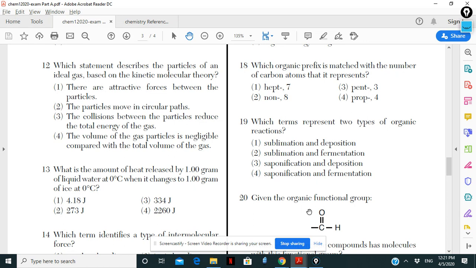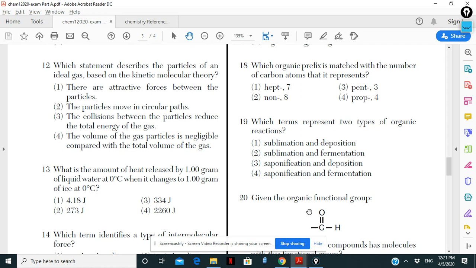Saponification and deposition. Deposition means conversion from gas to solid, like when it's snowing, but it's incorrect because it's a physical change. But saponification and fermentation, those are chemical reactions for the organic.